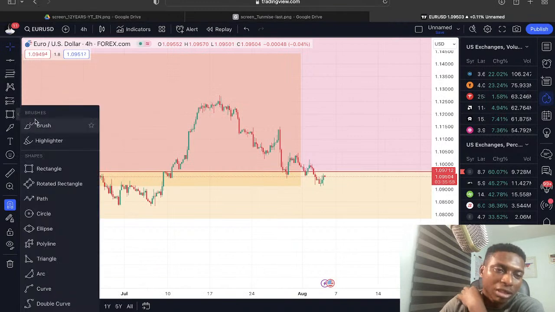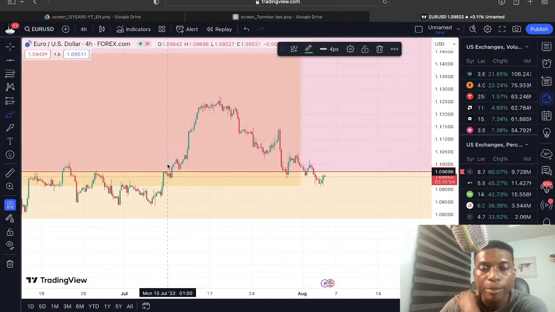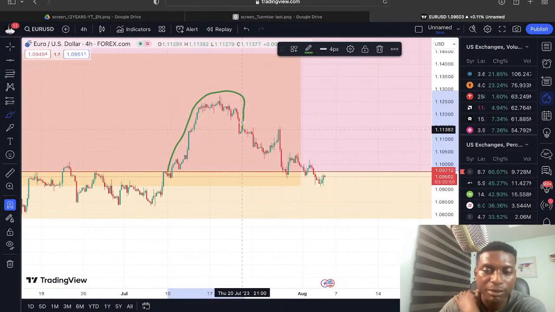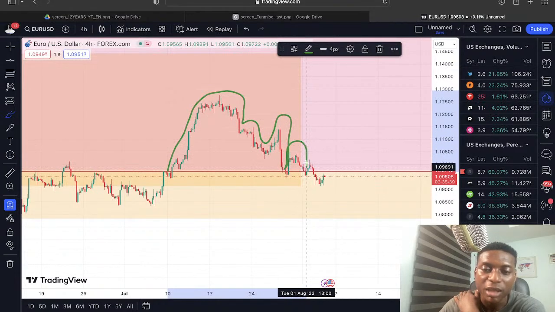Let's just trace this together to see how price moves. From here, price picked up, went up. When price got here, price relaxed, came down. Price went up a bit, came down here again. Price went up here, then came further down. Then price went up again, then came down, went up again, came down, went up a bit.